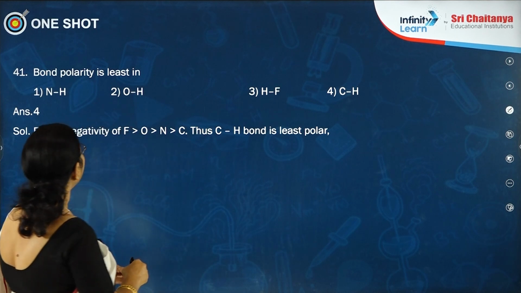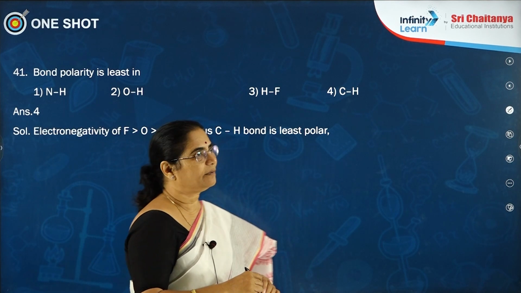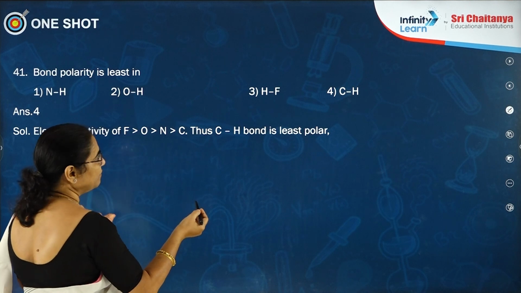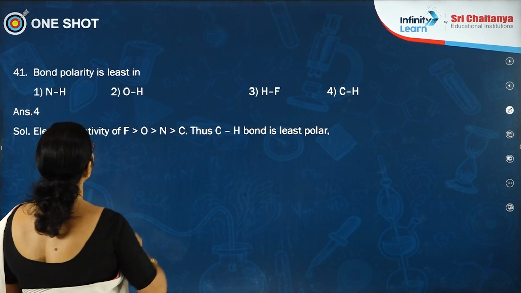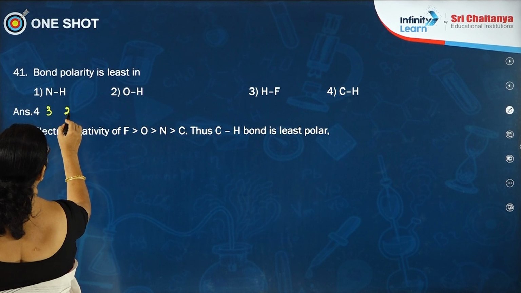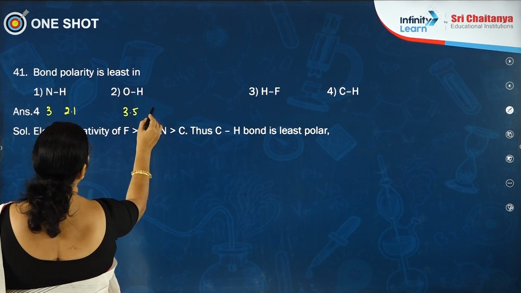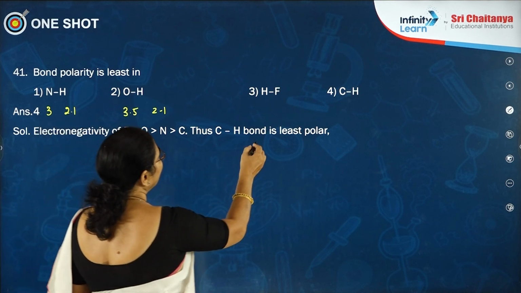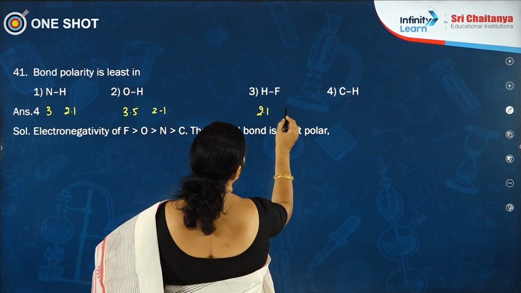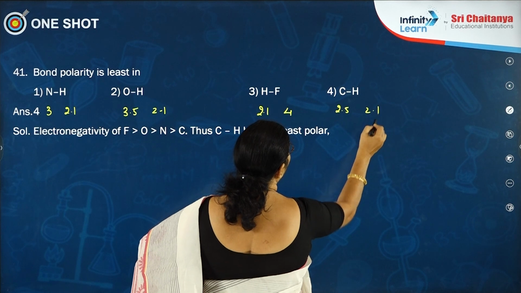Next, which bond polarity is least? Greater the difference in electronegativity, more is the polarity, and we have to see the difference in electronegativities. NH: nitrogen is 3, hydrogen is 2.1. OH: 3.5 and 2.1. Fluorine is 4. Carbon is 2.5, hydrogen is 2.1.